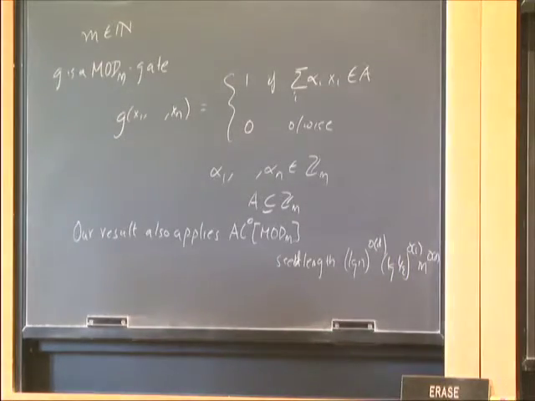Here are a couple of simple facts about this function that are easy to check. The first thing is that inner product is very, very close to balanced, in the sense that the probability that the inner product function takes value 1 is very close to half on a random input.